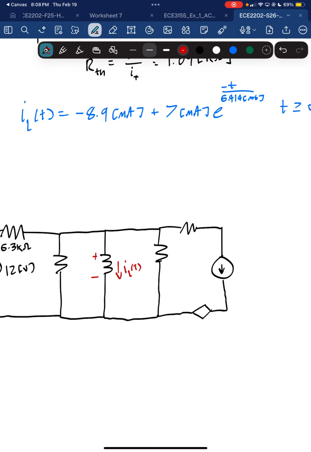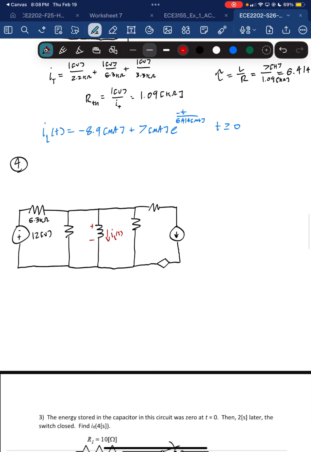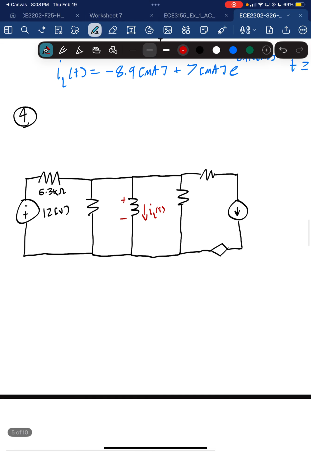And remember, inductors and capacitors are passive components, the same as resistors. So current is entering the positive terminals of these components. So we found our IL of t to be going down, so consequently the positive terminal of the inductor is going to be at the top. Now, let's define this to, of course, be VL.